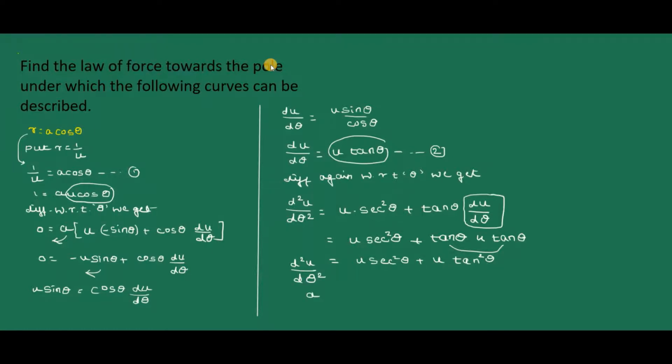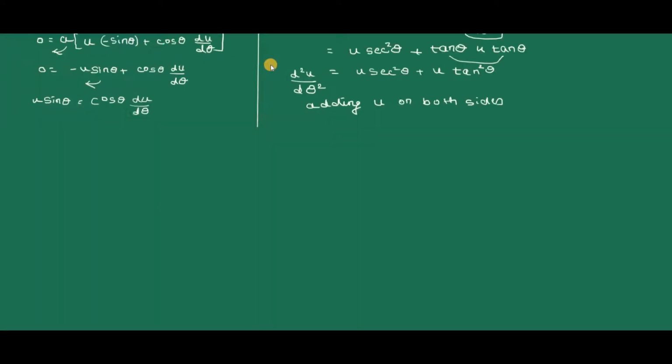Now adding u on both sides, what we get is d square u divided by d theta square plus u is equal to u sec square theta plus u tan square theta plus u.